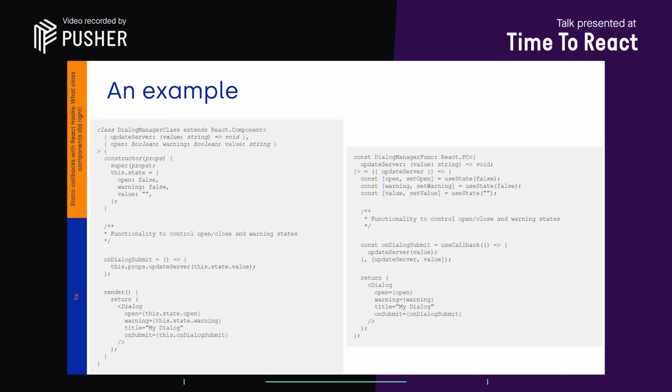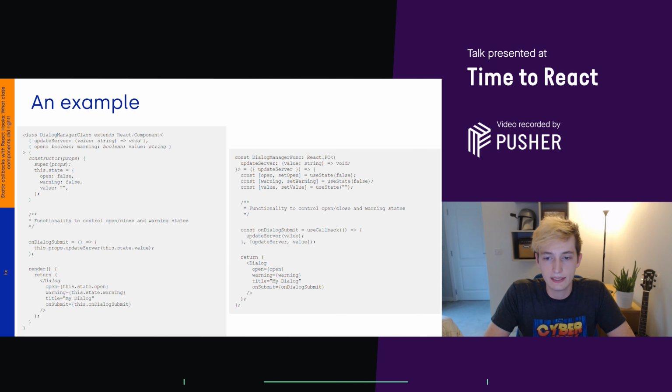Well, now we have to put that updateServer prop and the value piece of state into the dependency array. Otherwise, we'd be using stale versions of it, and the callback wouldn't be particularly useful at all. But this means that that onDialogSubmit will update whenever updateServer or value changes. With value, this could be changed very frequently, whenever a keystroke is pressed.